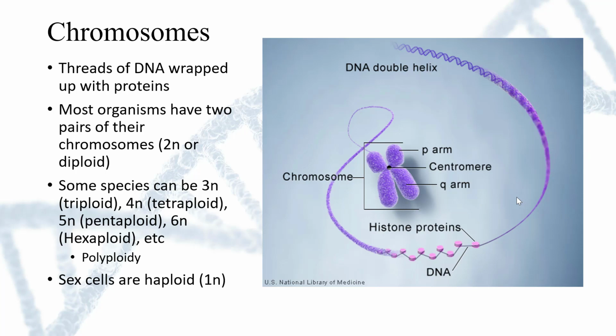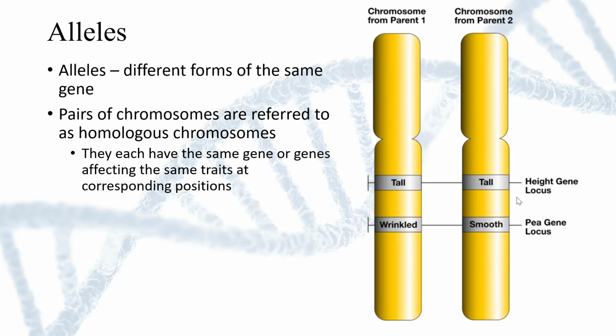This is because you get 1 copy from one parent and 1 copy from another parent, and then when they combine, you have your normal diploid organism that is going to develop. So here's an example of that. Because you have two copies of each chromosome, you have different forms of the same gene, right?